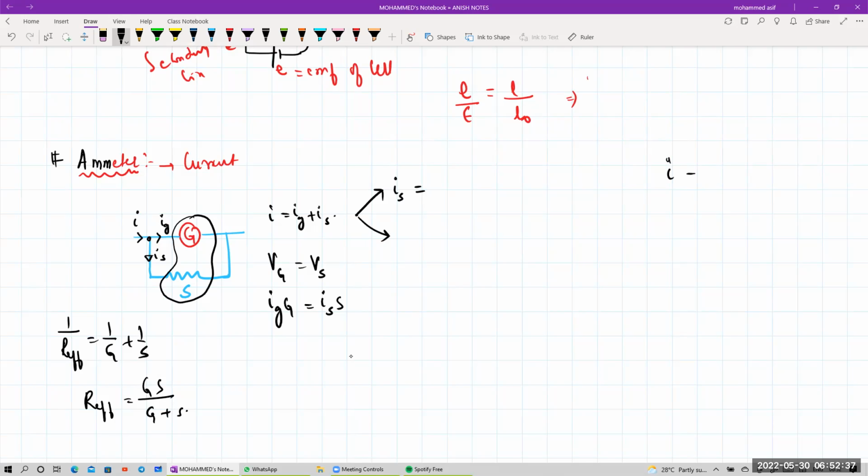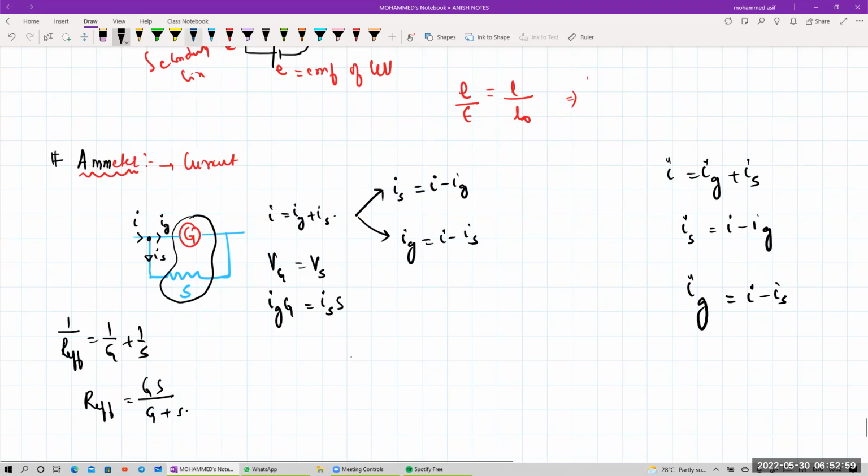This is the total current. So Is will be equal to I minus Ig. In the same way, if you want Ig, it is I minus Is. So Is value is I minus Ig, and Ig value will be equal to I minus Is.